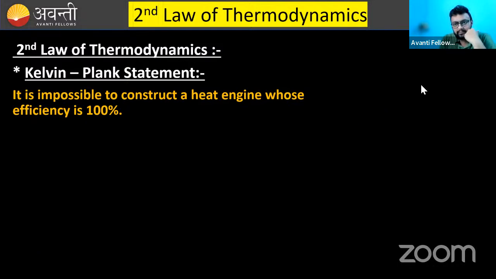For example, you know that efficiency is 1 minus Q2 by Q1. I think it is clear. 1 minus Q2 by Q1. For efficiency to be 100%, Q2 should be 0.